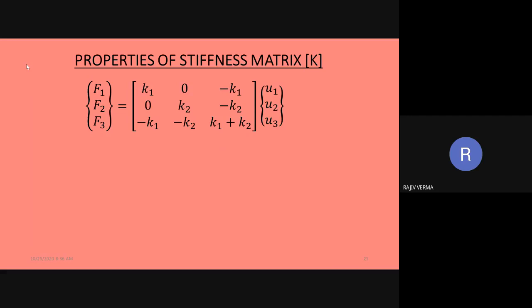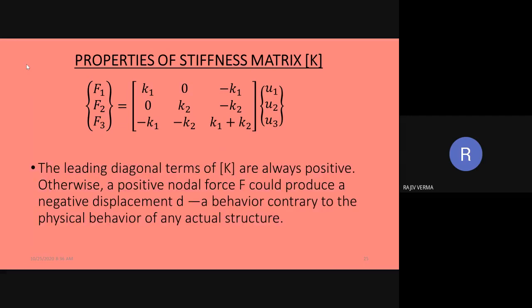The other point to be noticed is that this particular matrix happens to be a square matrix. Of course, it is a symmetrical matrix also. And if you find its determinant, you will notice that the determinant also happens to be 0, which basically means that we cannot find the inverse of this matrix.